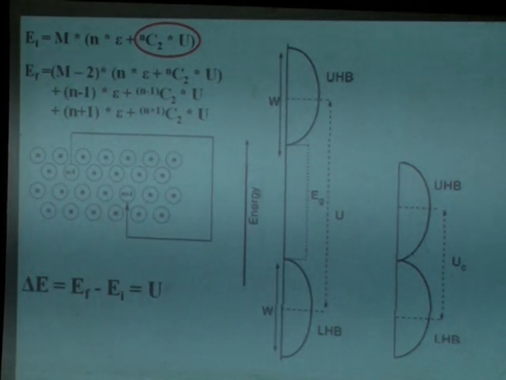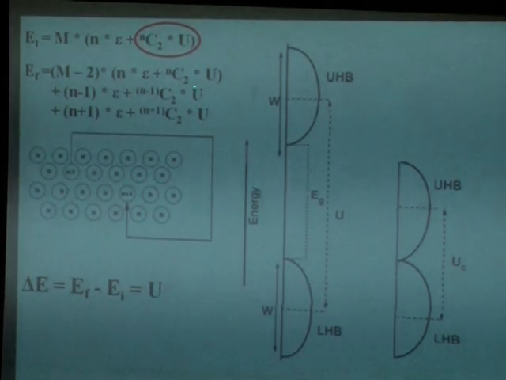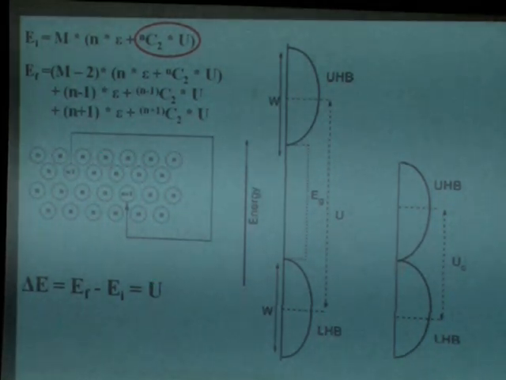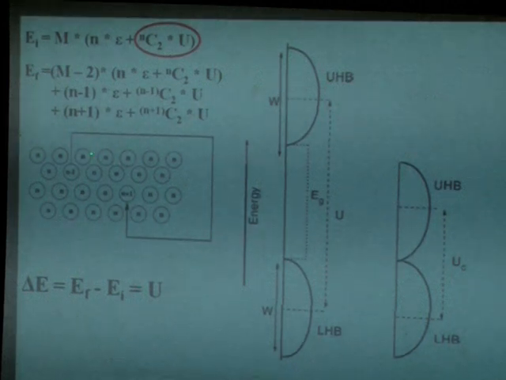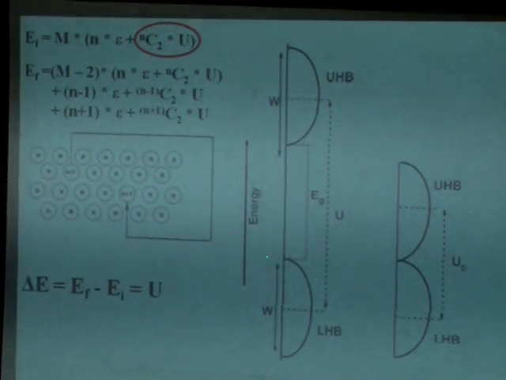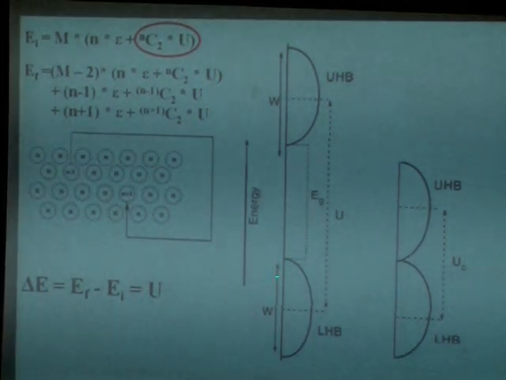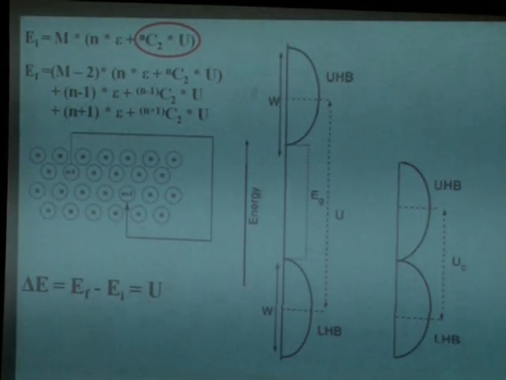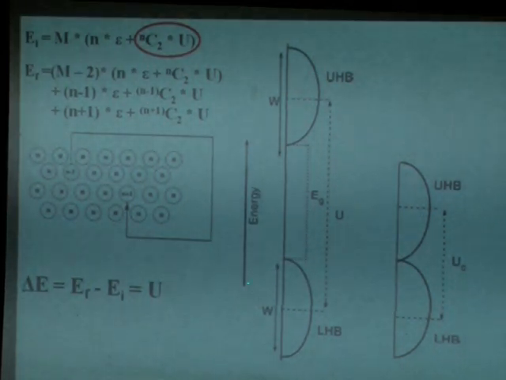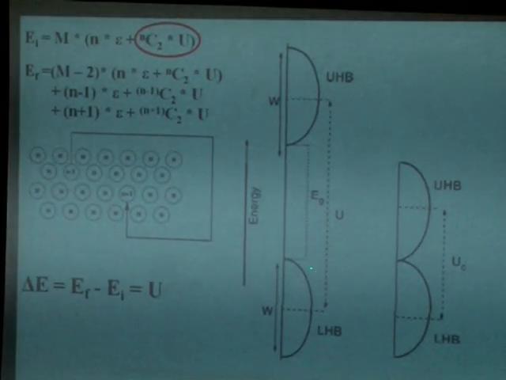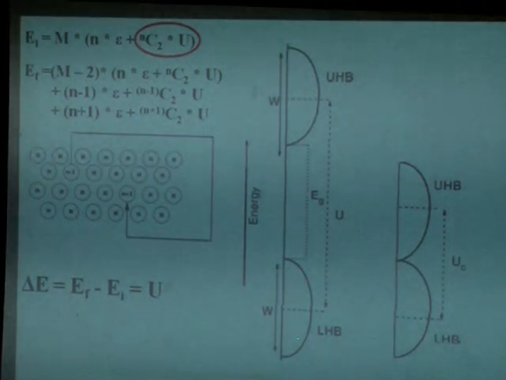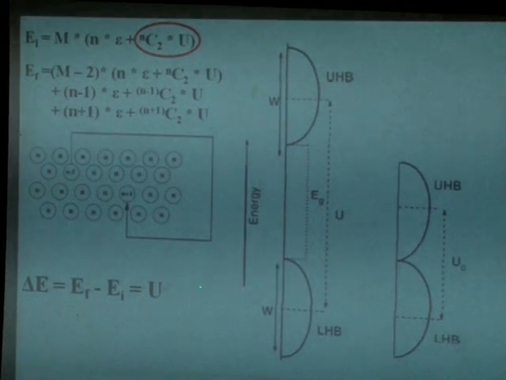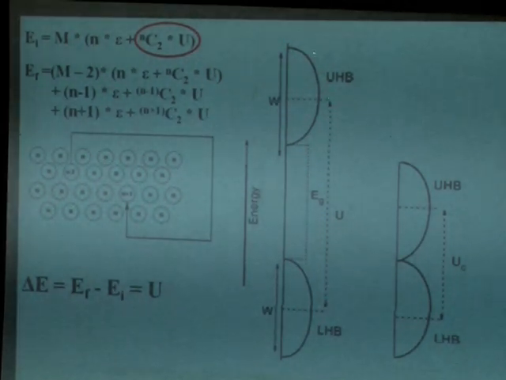That tells me that if I have this U very large, of course if U is not there, hopping gives me a bandwidth, which is the W. But U makes my hopping require energy. So if I have a very large U, much larger than the bandwidth, I'll find one piece here which is completely occupied, and this kind of hopping would be prohibited by U, which is this energy, and the empty state should lie there.